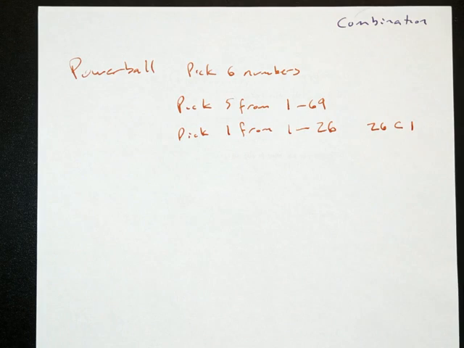Now let's go up to the top. You pick 5 white balls. You can't repeat one. So once the ball comes out of the hopper, you can't get it again. How many possible ways are there to do that part of the picking? I don't need a number, I just need a formula.